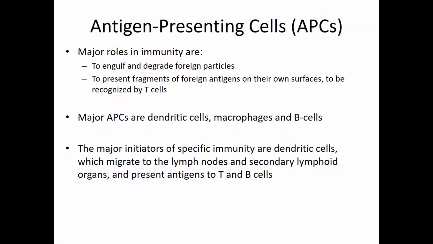That combination, MHC2 with a foreign antigen, is what's evaluated and possibly bound by immunocompetent helper T cells. The major types of antigen-presenting cells are dendritic cells, macrophages, and B cells.